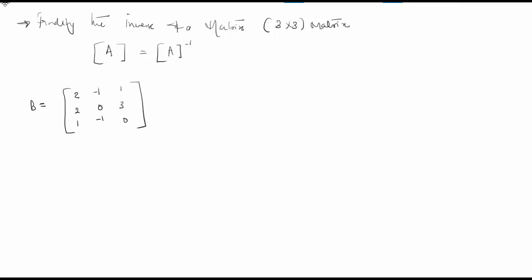Now the inverse of the matrix can be found by this formula, which is the adjoint of B divided by delta B, which is equal to B inverse.